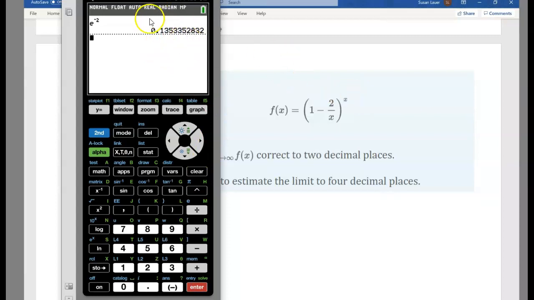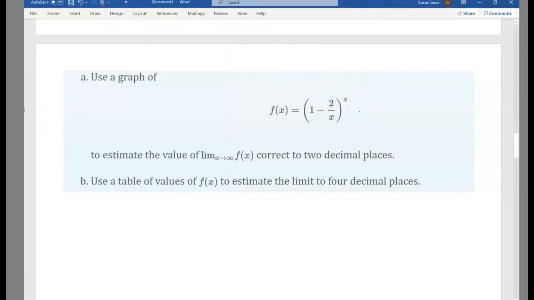So this I could write in closed form as 1 over e squared, which is approximately 0.135. You wouldn't be responsible for the 1 over e squared, but this really is part of the definition of e, so you might be able to recognize that as we go through this method.